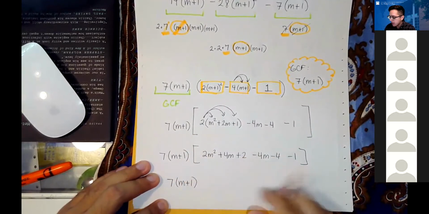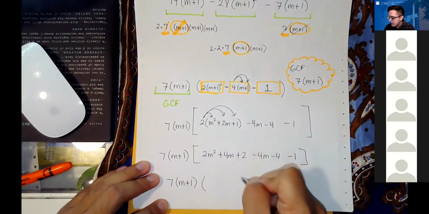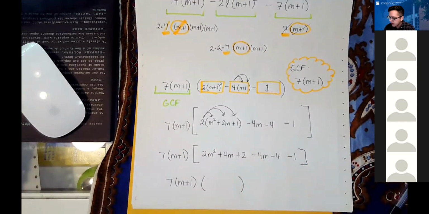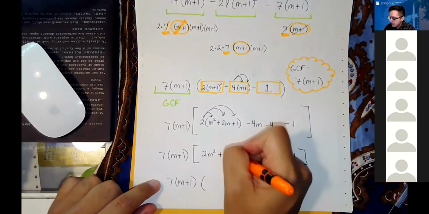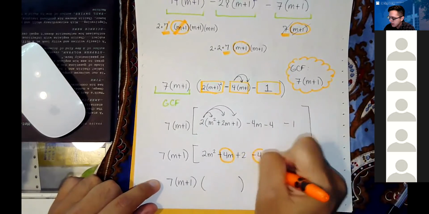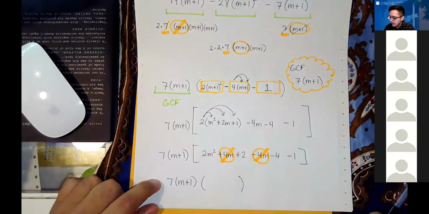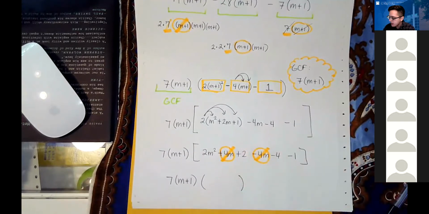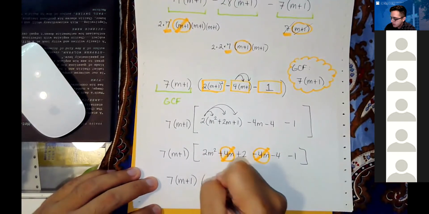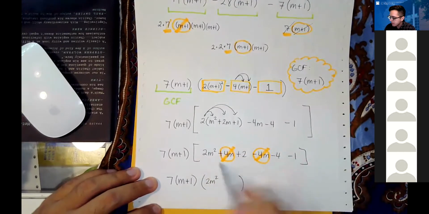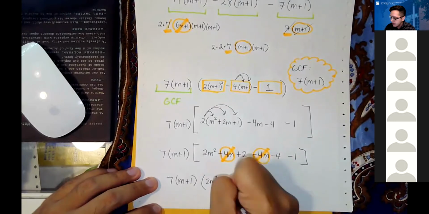And I'm going to change the brackets back to parentheses because when we go ahead and combine like terms here, we have m's, looks like those cancel out since they're the opposite sign. So we should have 2m squared, and then this should be -2, -3.